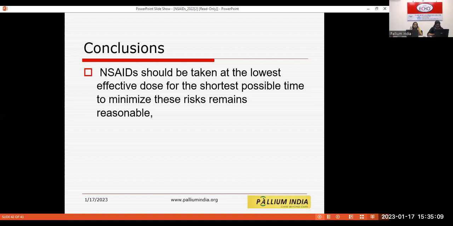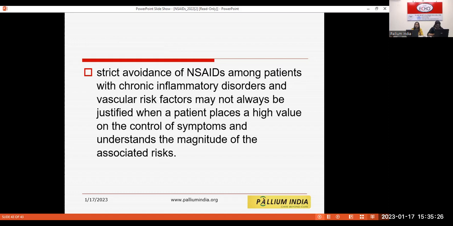But you keep in mind that with NSAIDs, you have to give the lowest dose possible for the shortest period of time. You cannot give it for months or years because it has a lot of problems in the tummy. It can cause bleeding. It can cause cardiac issues.